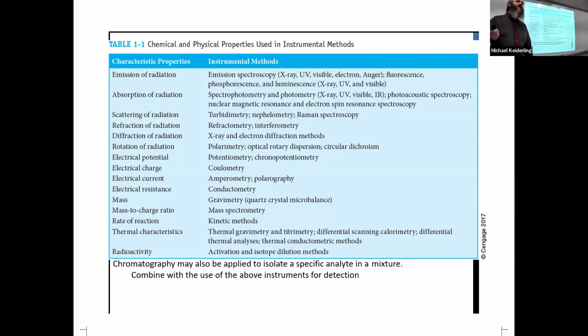Amusingly, it is not actually spectrometry. Sorry. For some reason, the rate of reaction, various kinetic studies, thermal characteristics. You can look at thermal gravimetry and thermometry, various calorimetry things. And radioactivity is activation and isotope dilution methods.